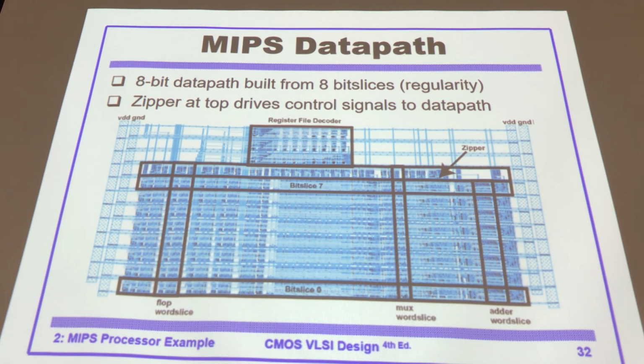All the circuit, but only 1 bit wide. You can replicate 8 copies. After that, there might be some extra circuit such that they can combine them together. We call that zipper circuit, to zip together all the bit slices. Zipper at top, drive control signal to the data path.